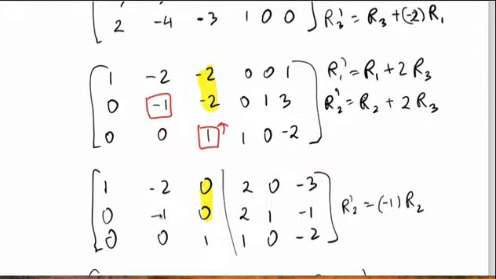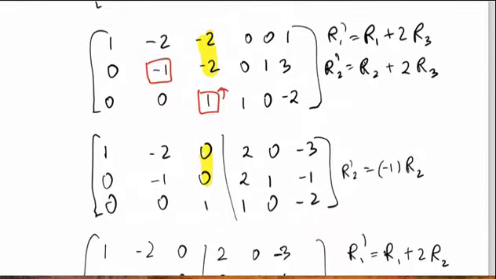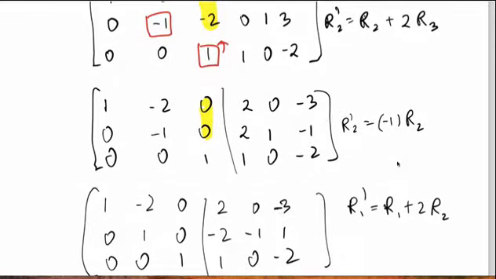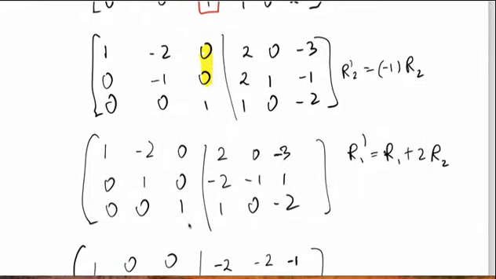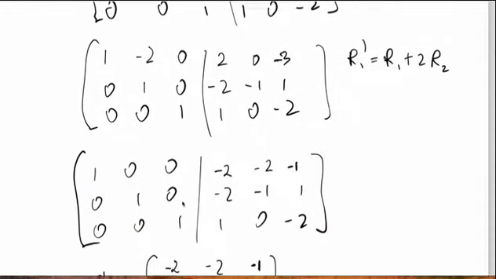The next thing is going backward, now up. We want to make this 1 by multiplying the second row by minus 1. So we get this 0, 1, 0, minus 2, minus 1, 1. And then from here we go up to make the minus 2 disappear by adding to the first row 2 times the second row.